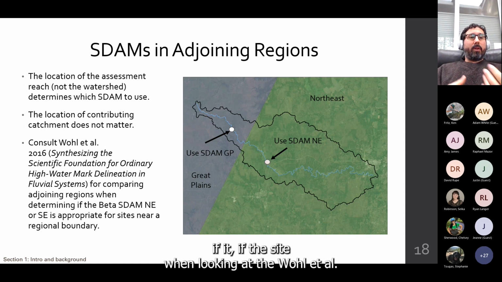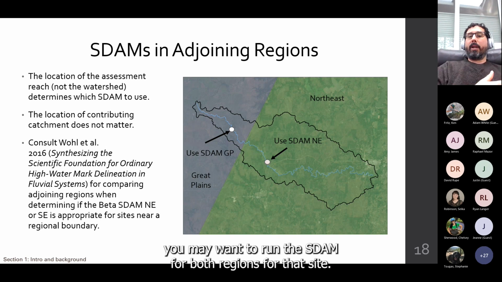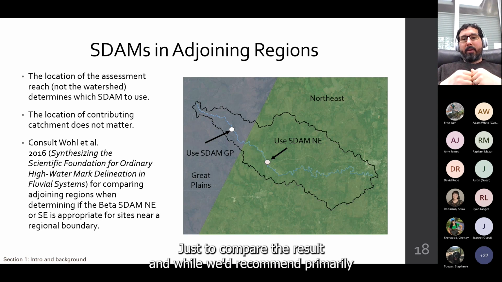If the site, when looking at the Wool et al. 2016 paper, is very close to the border, you may want to run the SDAM for both regions for that site just to compare the result.